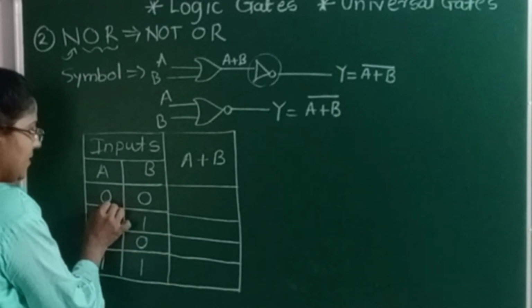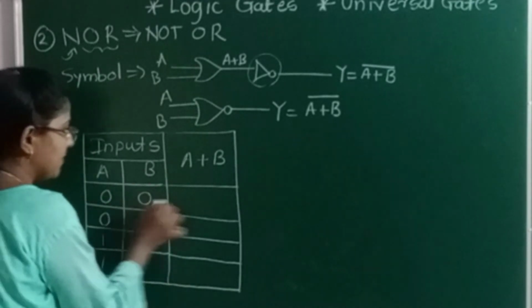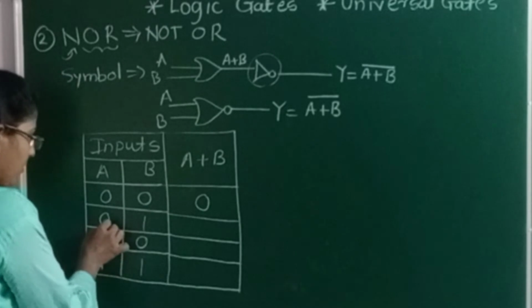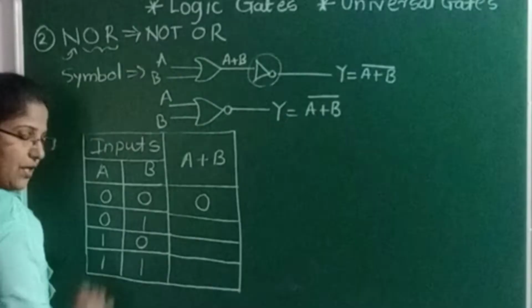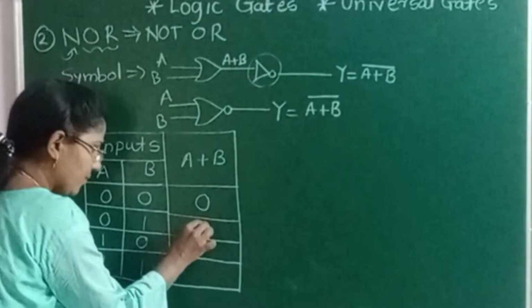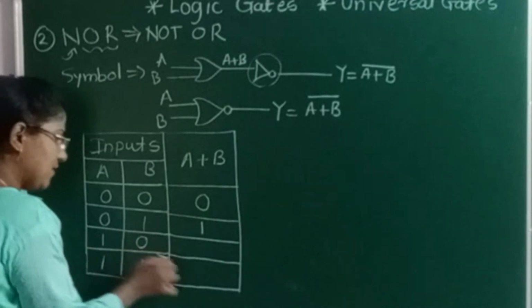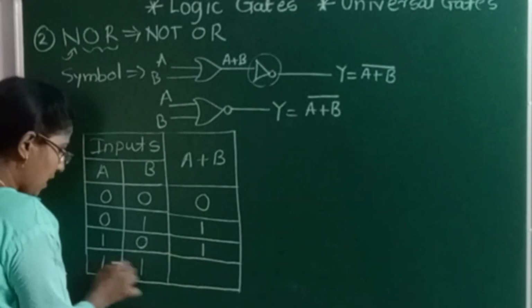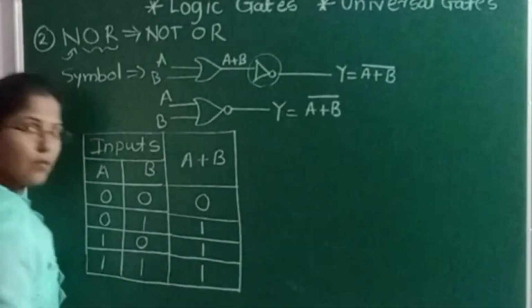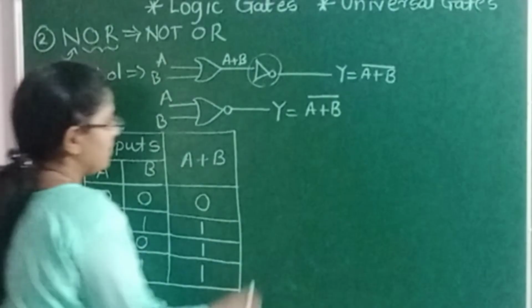The value of A is 0, value of B is 0, 0 or 0, 0. First input is 0, second input is 1. 0 or 1, 1. 1 or 0, 1. 1 or 1, 1.